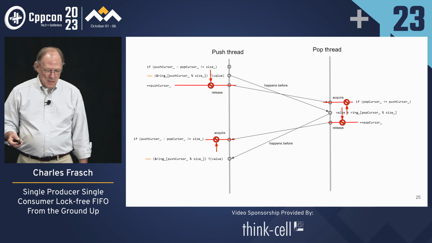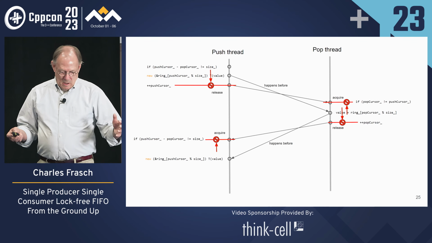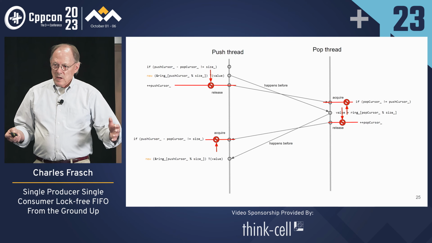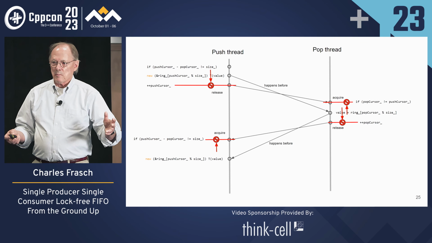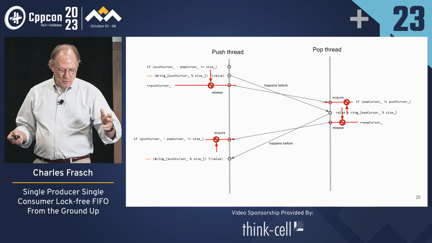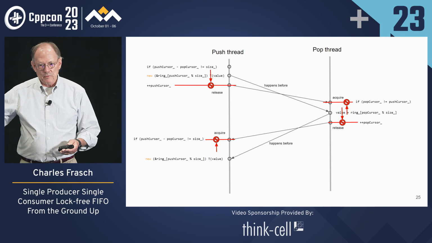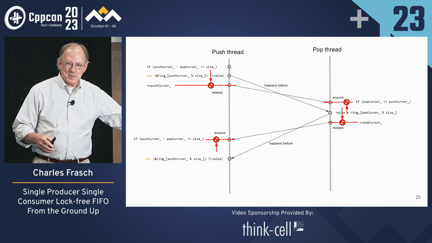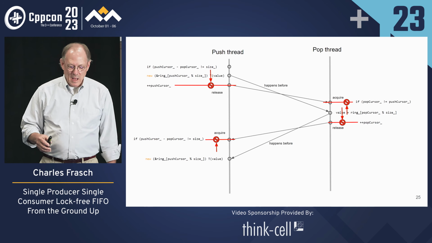So what it means is that every operation in the push thread, and this is every operation, not just atomic operations, that occurs before the release operation becomes a visible side effect in the pop thread.